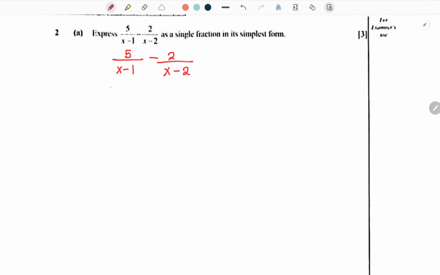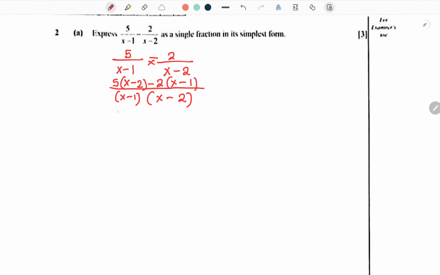So from here, the first thing that you're going to do is to find the common denominator. The common denominator is going to equal to x minus 1 and then x minus 2. I've just repeated what was in the denominator. Then I can cross multiply. Then this is going to be 5, then x minus 2 minus, okay, then 2, then x minus 1.